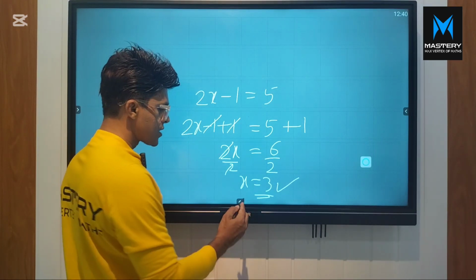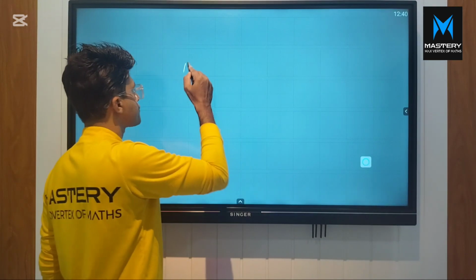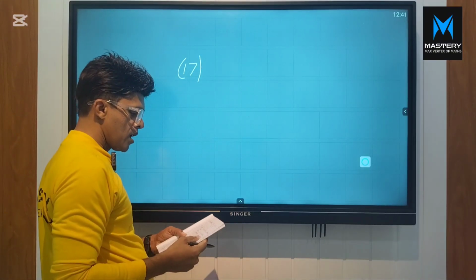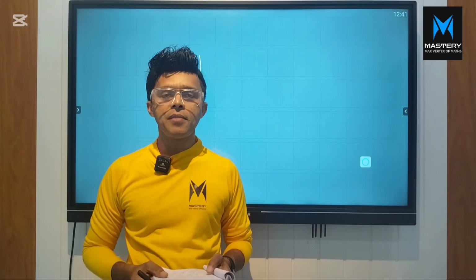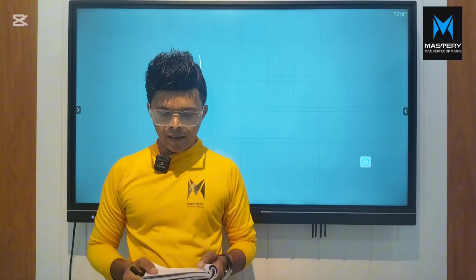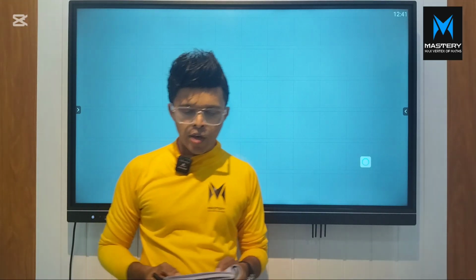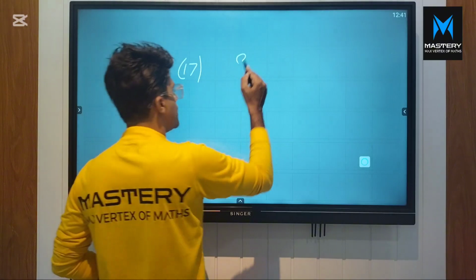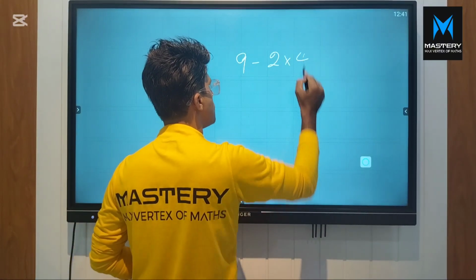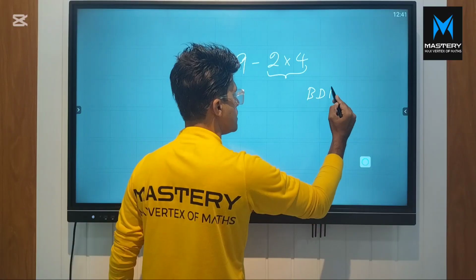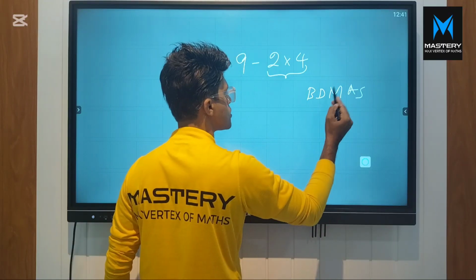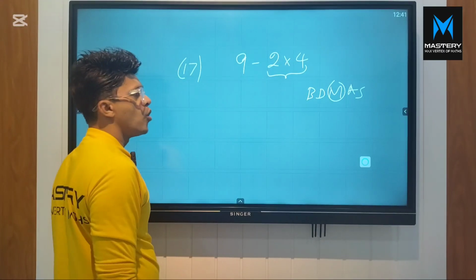The other one, the 17th question. You need to multiply first, according to BODMAS, these simplifications are done in these types of questions. So 9 minus 2 times 4. First of all, you need to multiply, that is the method of BODMAS.